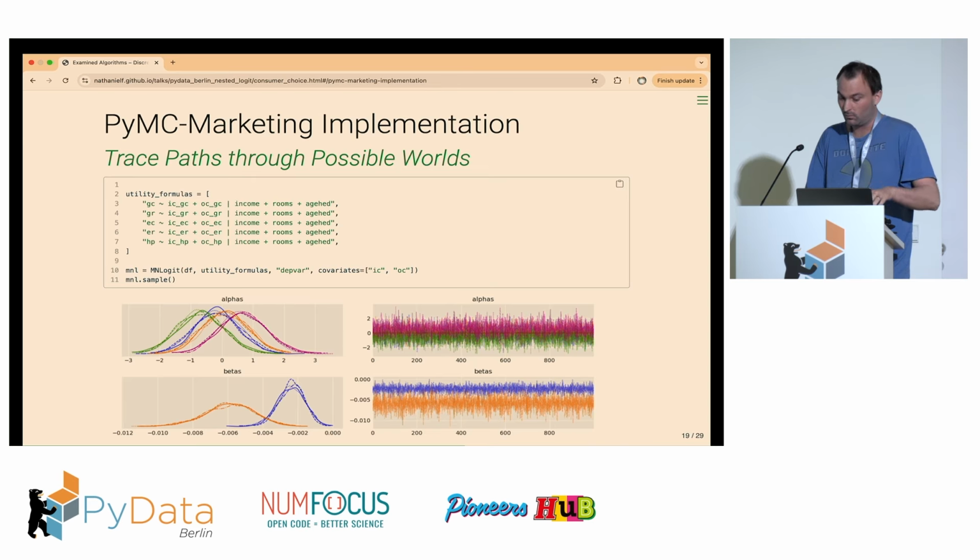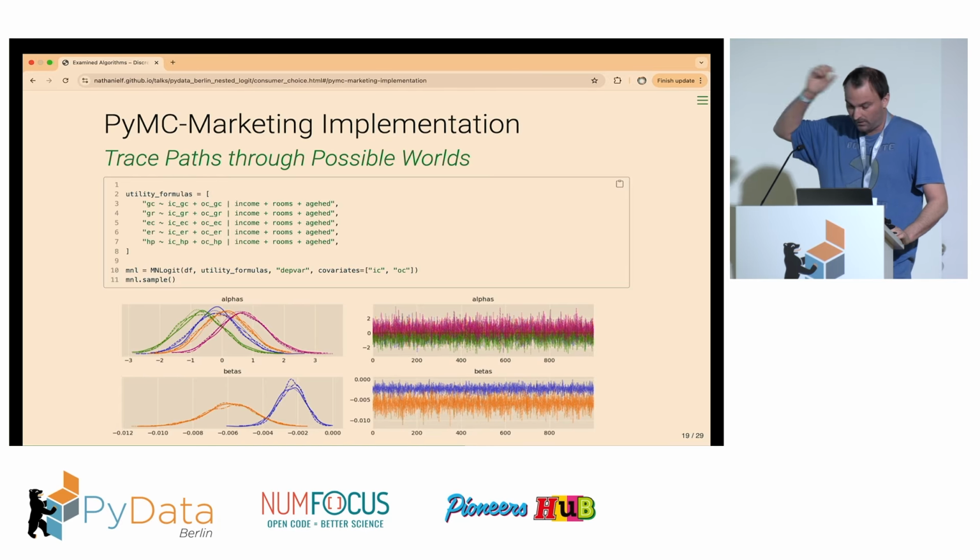You pump it in this sort of one-liner through the ML logit estimation routine, and it will give you all the standard diagnostics of a Bayesian model, as you would see with PyMC. Below here you see trace plots, and in the context of this talk, what I want to emphasize is that these trace plots are like journeys through possible worlds.